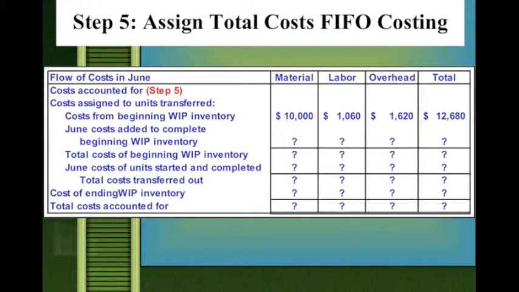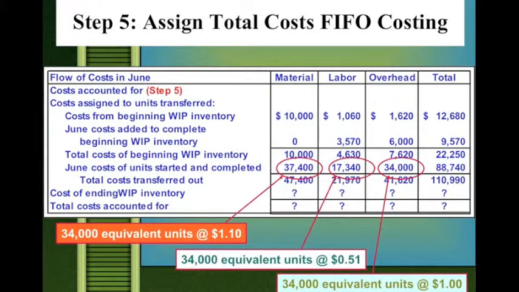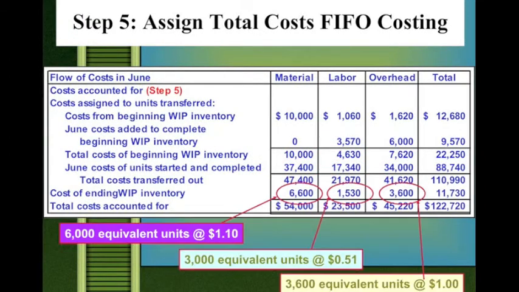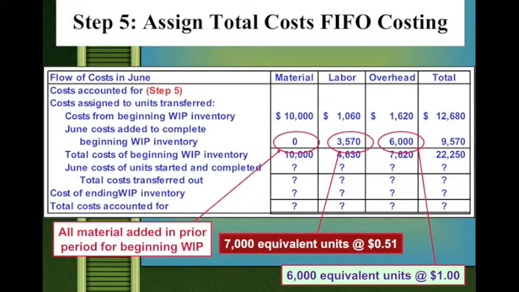Now, flow of costs in June is going to be different, right? So first we have our June costs added to complete the beginning. Alright, so we have labor, which is our 7,000 units we calculated, and overhead, which is our 6,000 units that we calculated, all at a price that we just added.